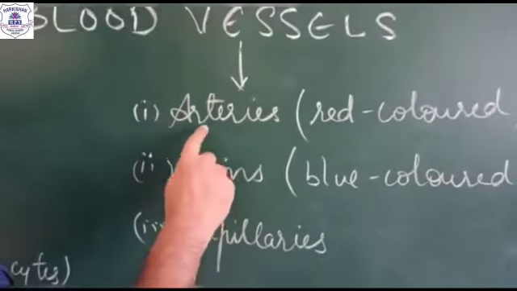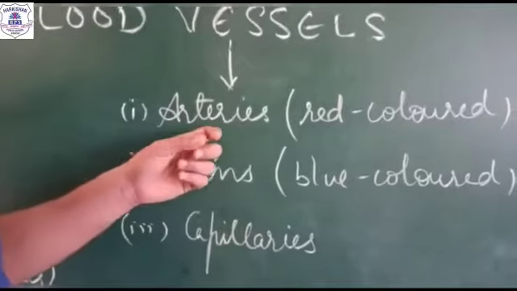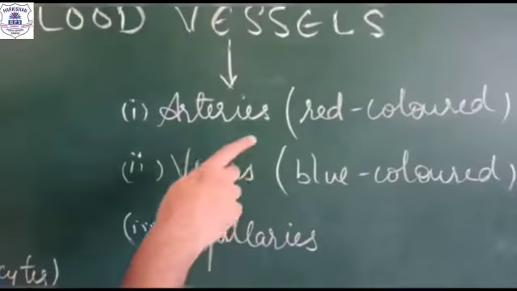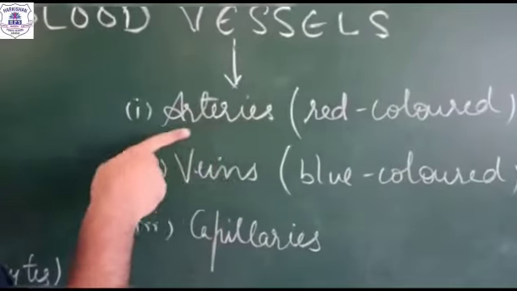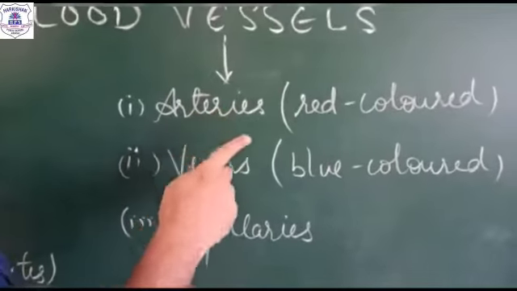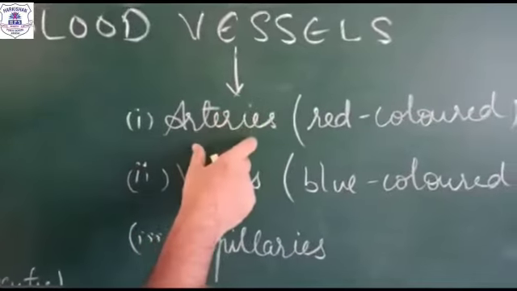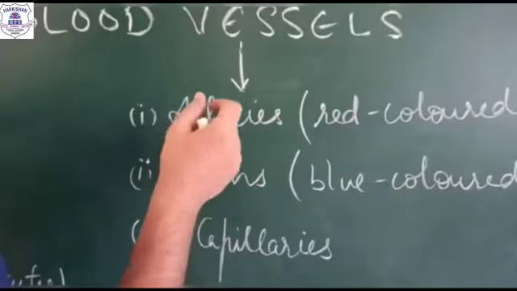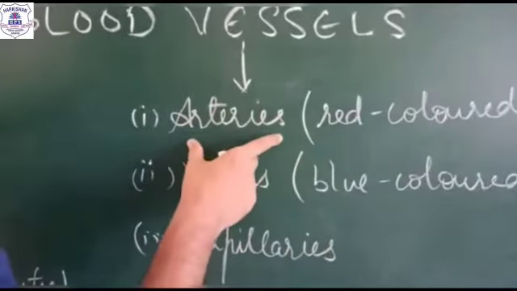There is one exception, which is the pulmonary artery. The pulmonary artery contains the deoxygenated, or you can say carbon dioxide rich, blood. Normally arteries carry the oxygenated blood. Next, these arteries are thick walled, means their covering or layer is very thick.